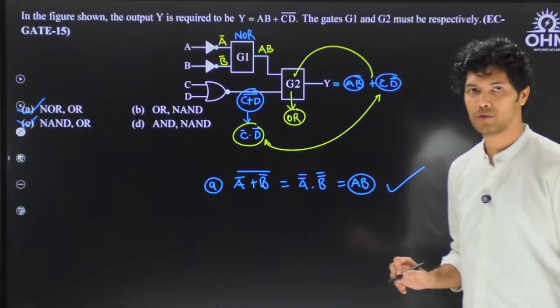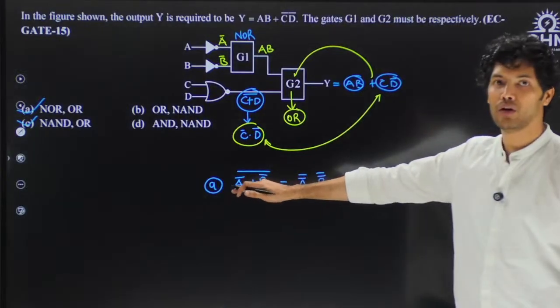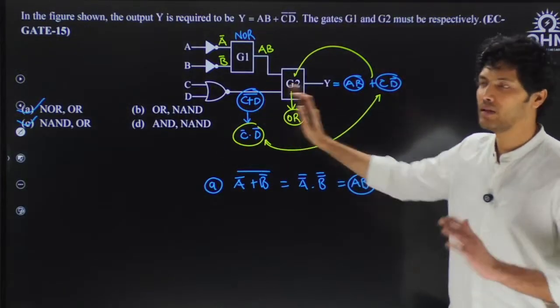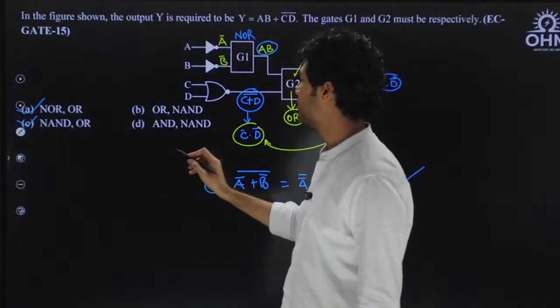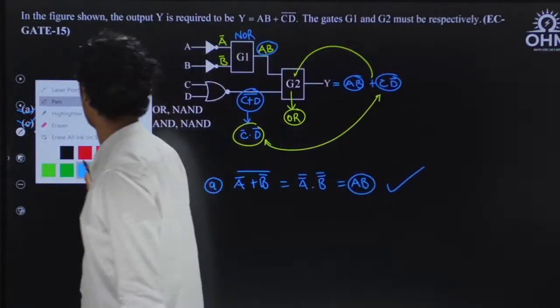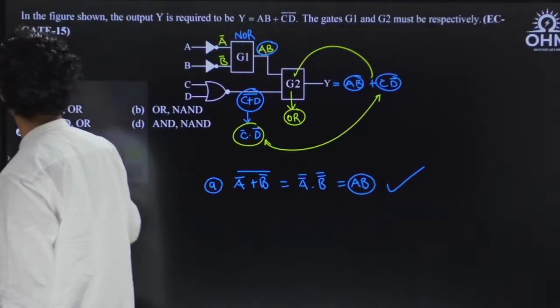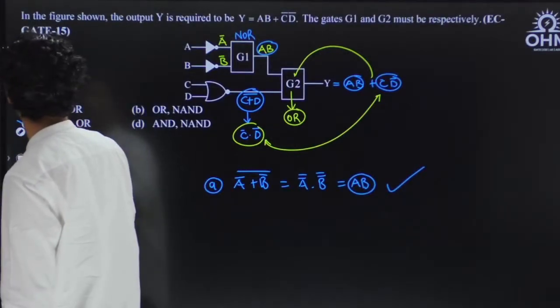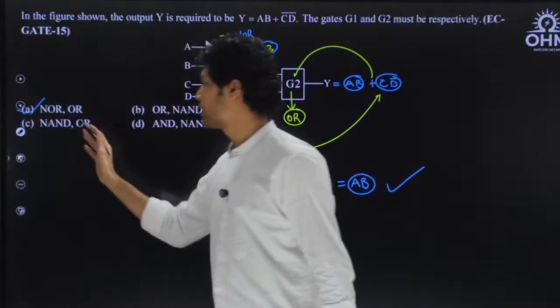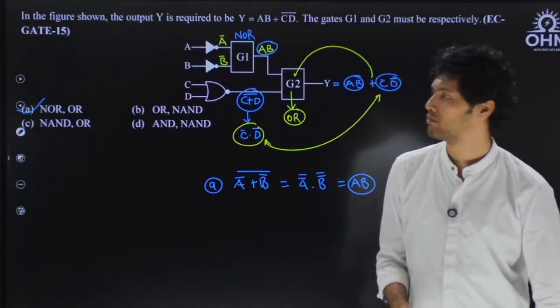So, correct answer. When I choose option A, I definitely get the output of that gate as AB. So I can say that A is the correct answer. I don't even have to cross verify the options. C need not even be verified. In fact, I got the correct answer as A this time.